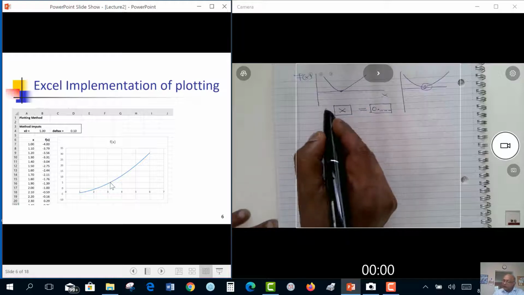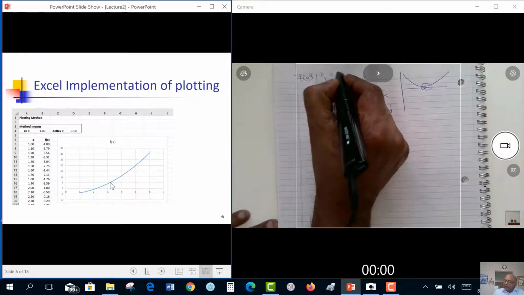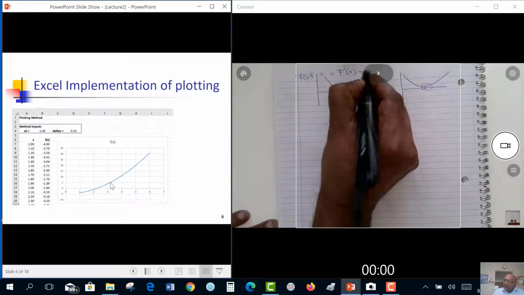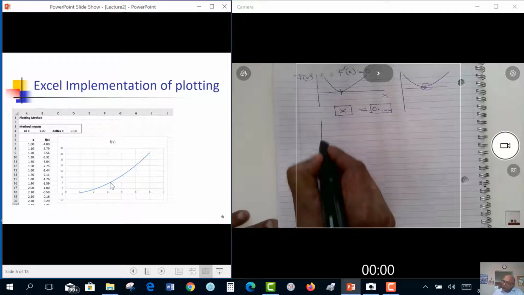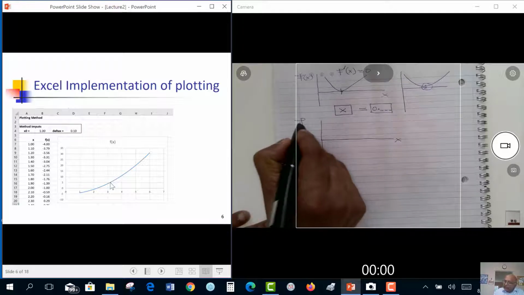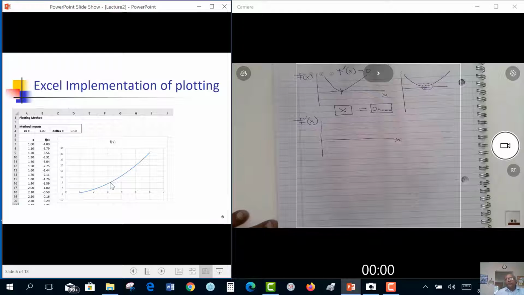So what we do instead, in this case, you can see if the function is continuous at this place, the first derivative of the function is 0 because it is a minimum. So what we can do instead is solve an alternate problem: we are going to solve for the derivative to be 0.